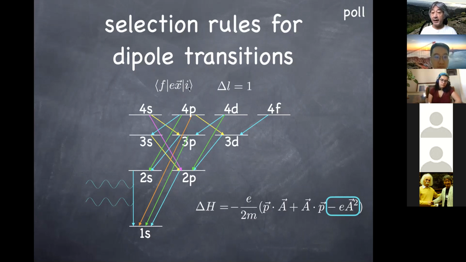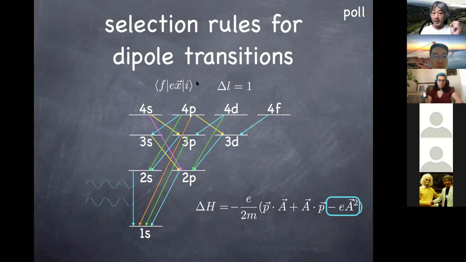And for a given state of orbital angular momentum L, parity is minus 1 to the L. So when you have this initial state with angular momentum L, parity is minus 1 to the L, but the dipole operator is odd under parity, so that's minus 1.